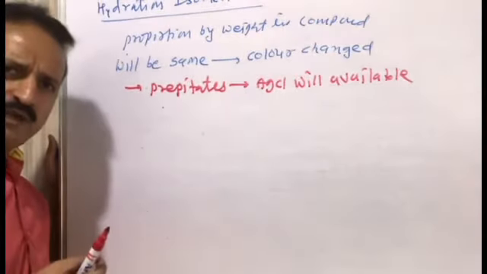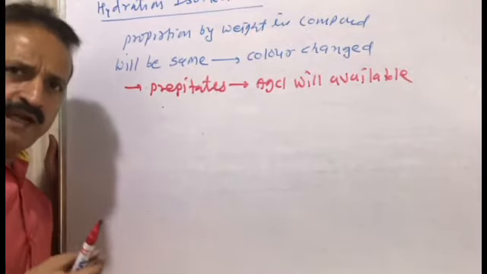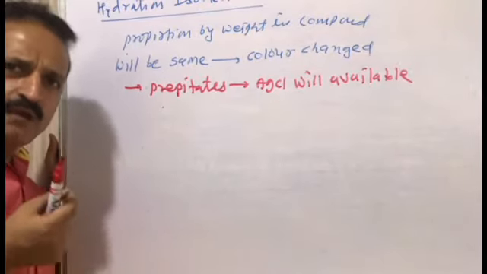Hydration isomerism explains that the ligand will be water, and the water ligand will be released when it reacts with H2SO4, and precipitates will be available related to how many water molecules are released from the ligand.